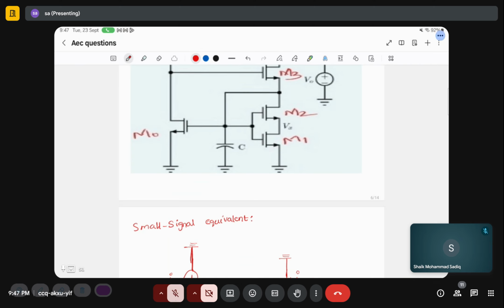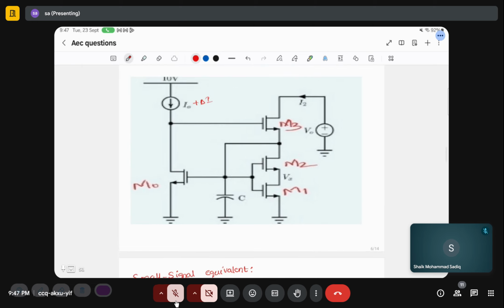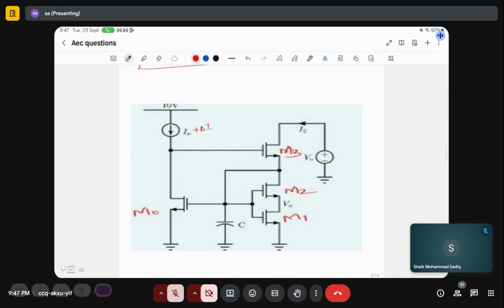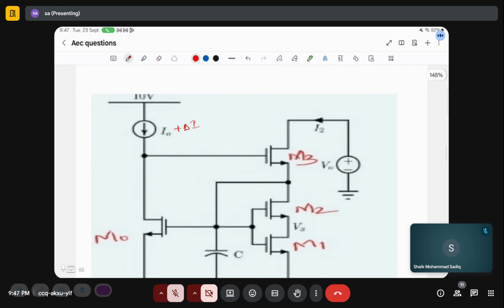So we'll proceed with other questions now. The part is they have told that they have increased current by 1 microamp, and we have to find what is the change in output current, right?